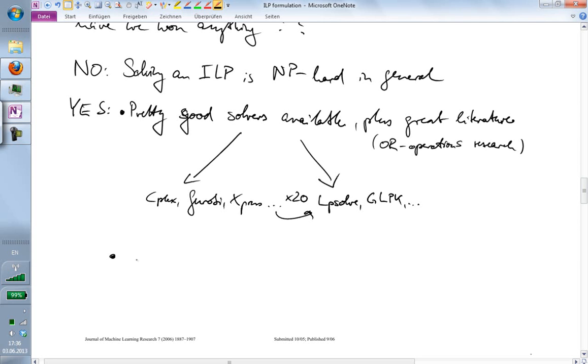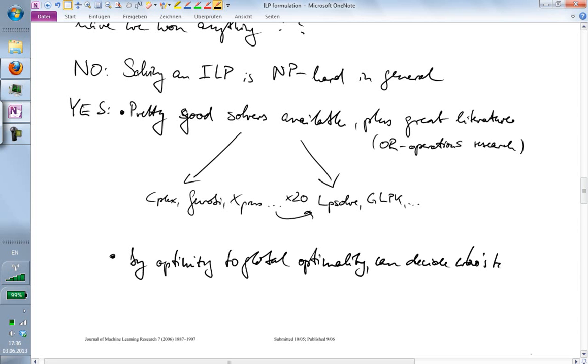So let's say that by optimizing to global optimality, we can decide who's to blame if things don't come out as hoped: if it was the designer, that's us, or if it was the optimization. And well, if we've solved to global optimality, then we know it's not the optimization. So that's on the good side.